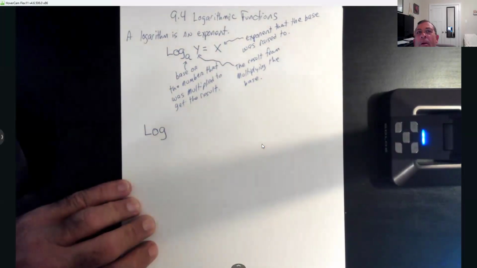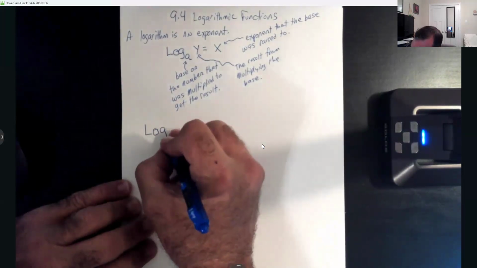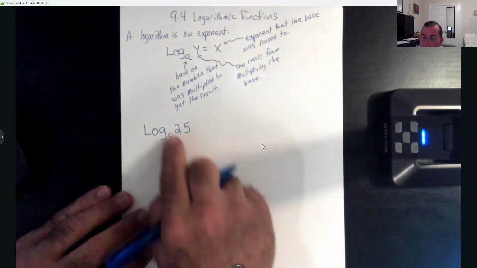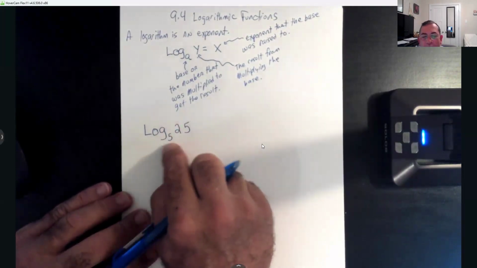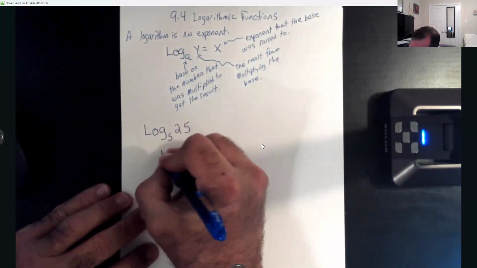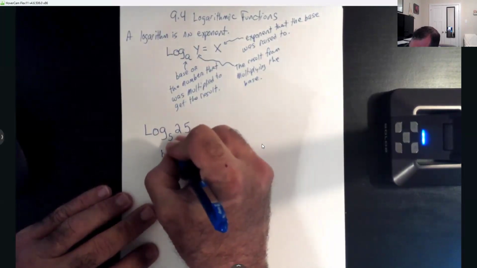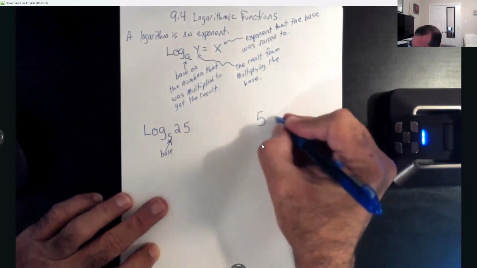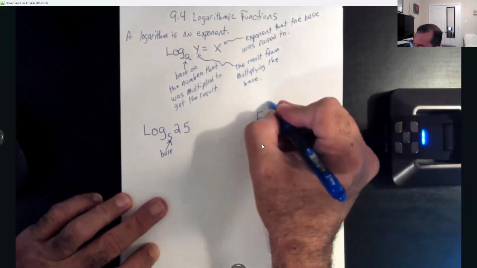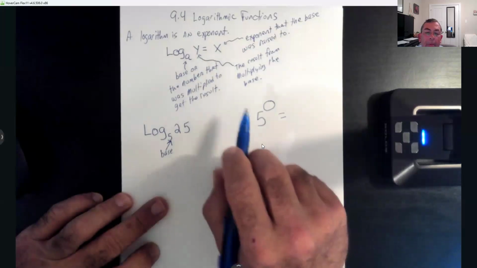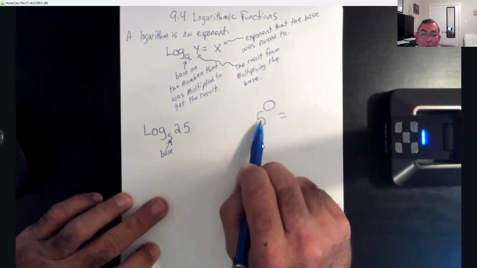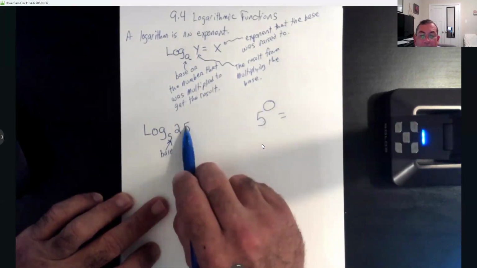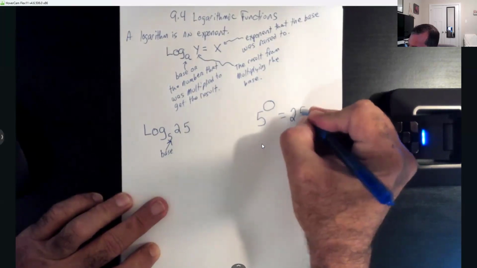Y'all, let me do one. How about log base 5 of 25? What I'm looking for on this problem, here's my base 5. So that means you got some base 5 sitting here. Now, I don't know the exponent yet, but I know the result from multiplying this 5 times itself, ever how many times the exponent says, the result was the 25.